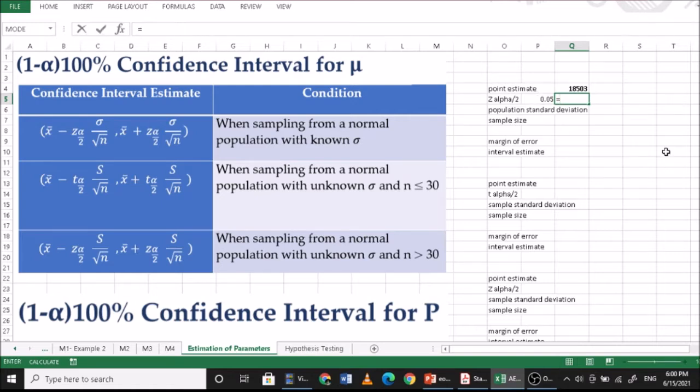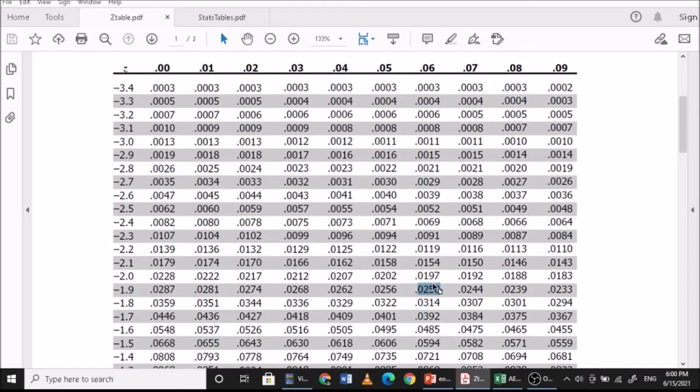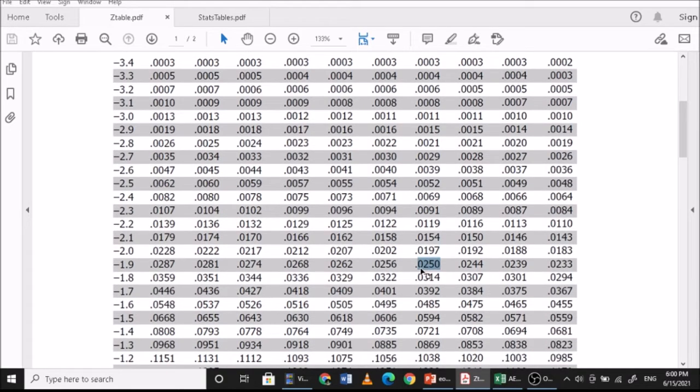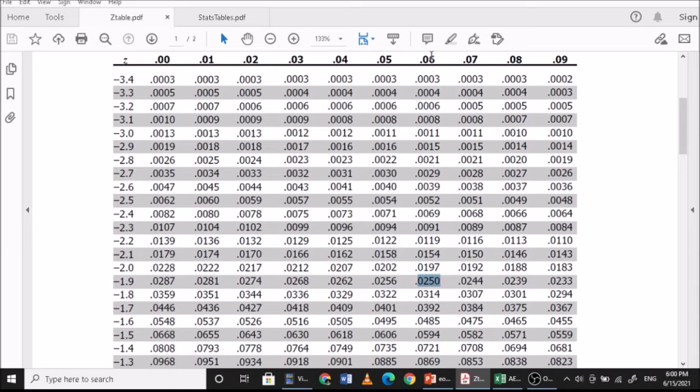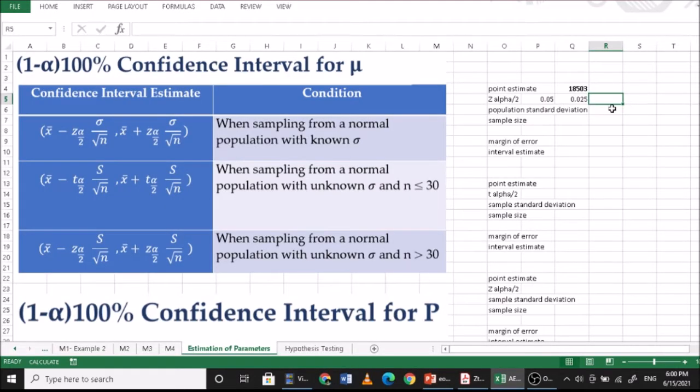And then we divide this by 2 because it's z alpha over 2. So divided by 2, that's 0.025. Then in your z table of values, you'll find the z value equivalent to 0.025. In this case, that's 1.96. So our z alpha over 2 is 1.96.